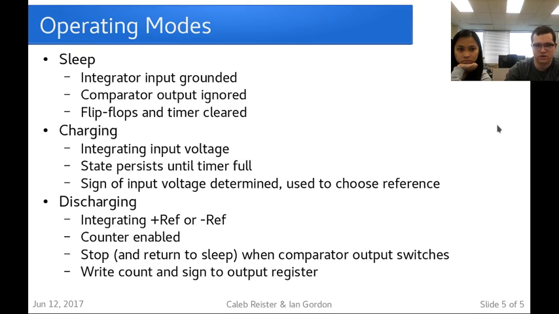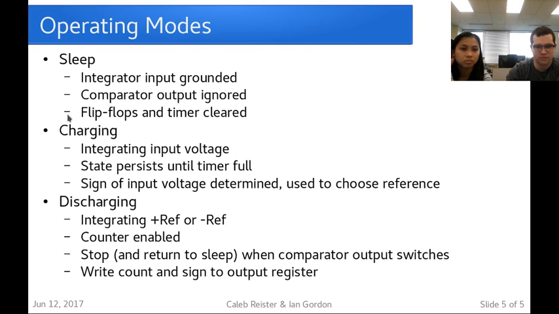So in our design, we're going to discuss a few different operating modes. There's sleep mode, which means that the integrator input is grounded and the comparator output is ignored, so the comparator could be a little bit noisy, and the noise won't affect the rest of the circuit.